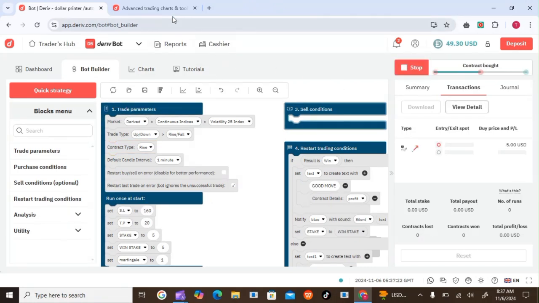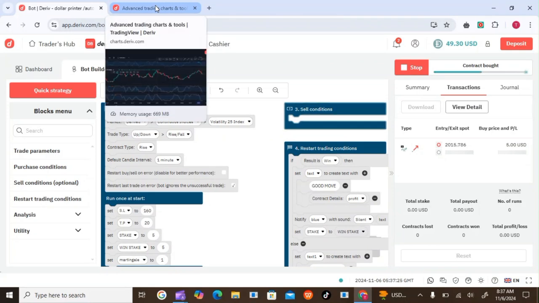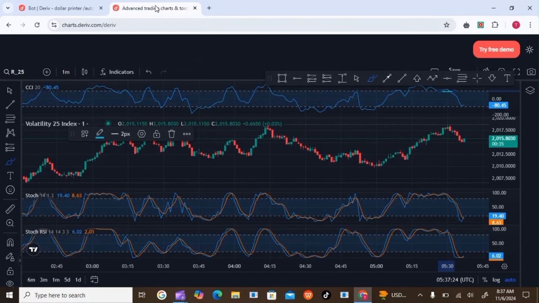So let's start by running that. Our target is 20 USD, and see how it behaves. So we can pick very good entries from this rising momentum. So I want to observe this candlestick as it tries to make an uptrend. It tries to trace back and then go up.